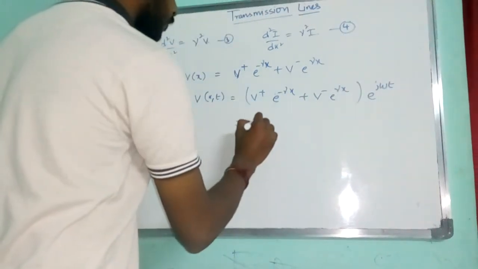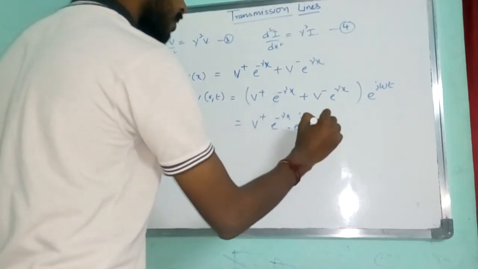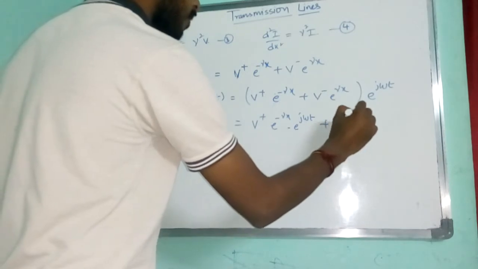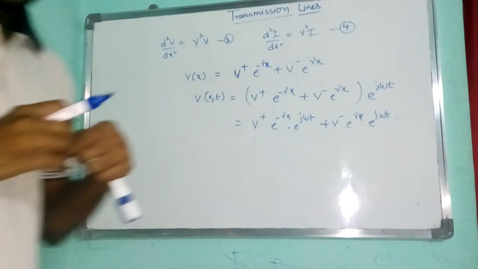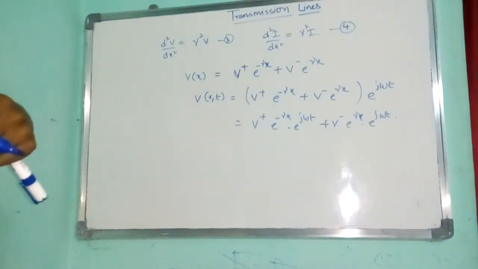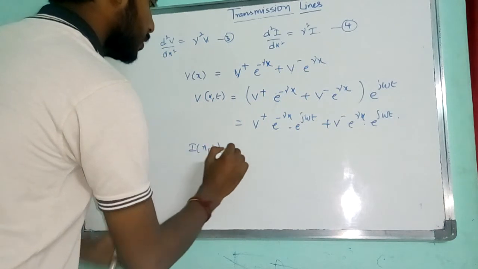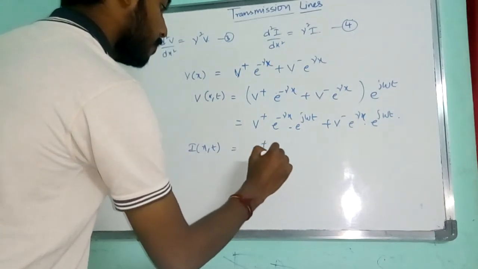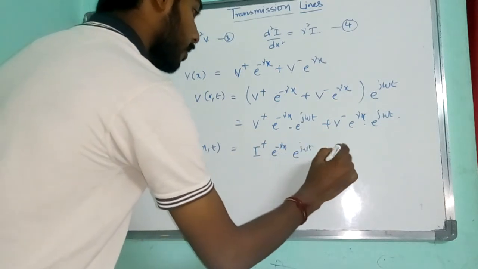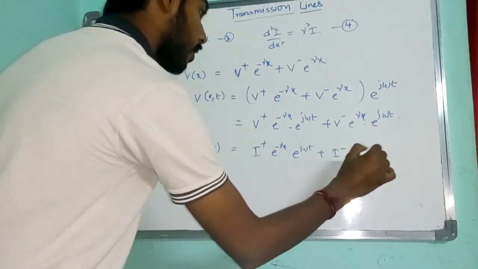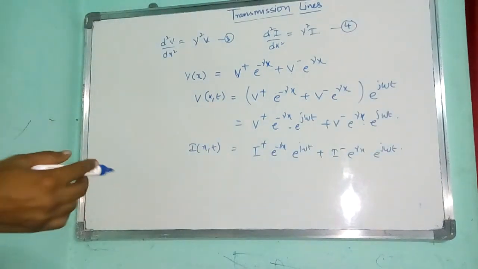Now this becomes V plus e power minus gamma x into e power j omega t plus V minus e power gamma x into e power j omega t. Similar is the case with the current: I plus e power minus gamma x e power j omega t plus I minus e power gamma x e power j omega t. Okay.